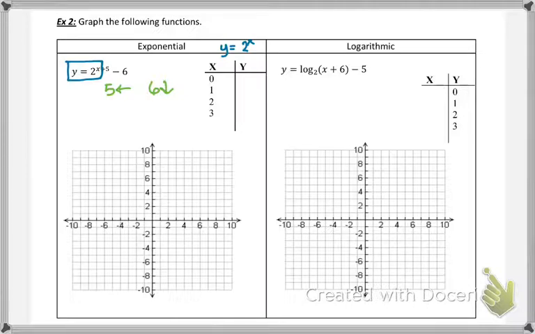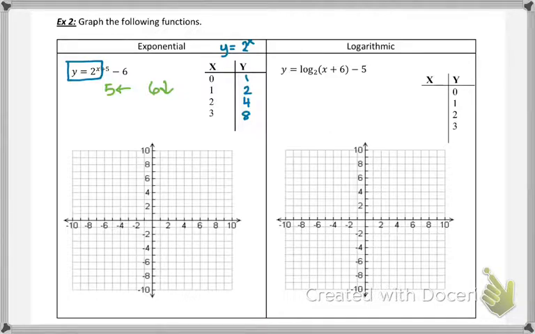So 2 to the 0 power is 1. 2 squared is 4. 2 to the third is 8. Optional whether you want to graph the parent and then slide it, or you could just change the values.